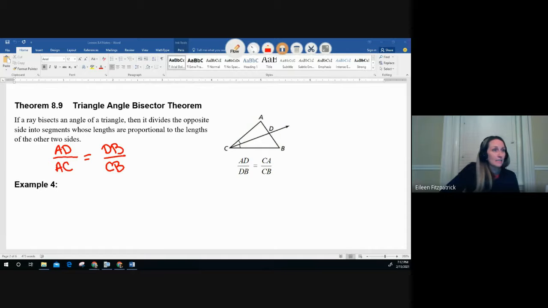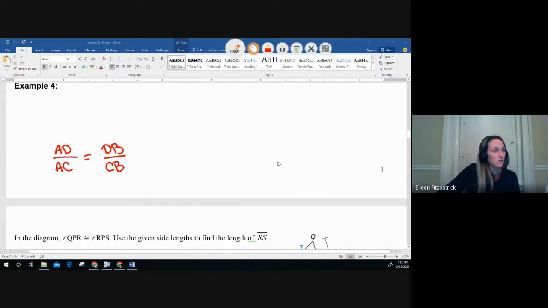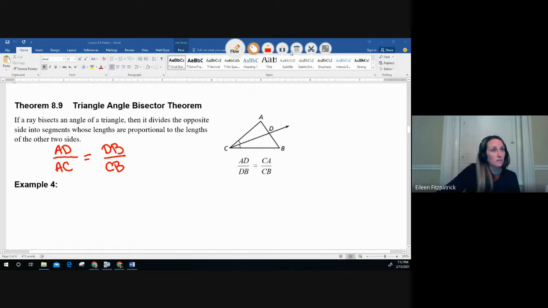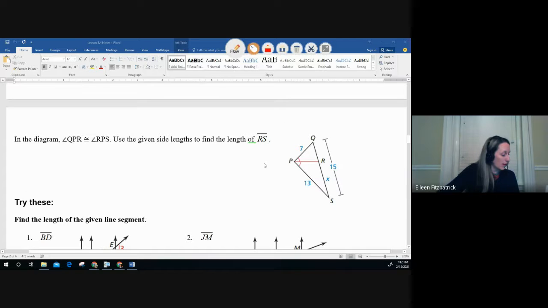So the last example, where is it? Oh, it got moved to the last page. Hold on, let me erase that. Go down here. Okay. So it says here, in the diagram, angle QPR, that one there, is congruent to angle RPS, this one here. Use the given side lengths to find the length of RS.